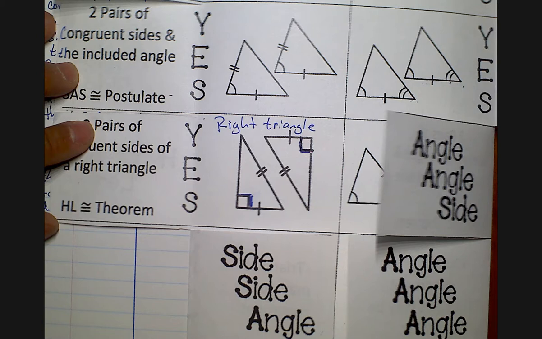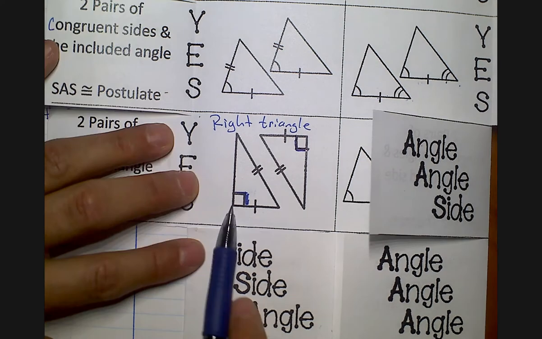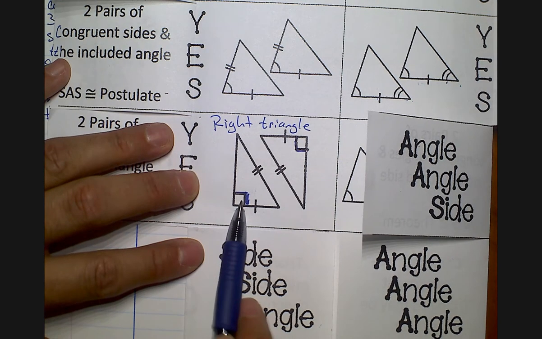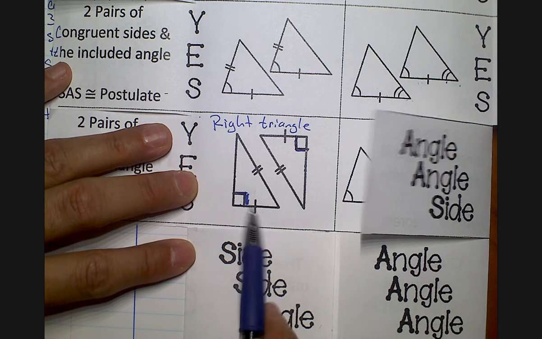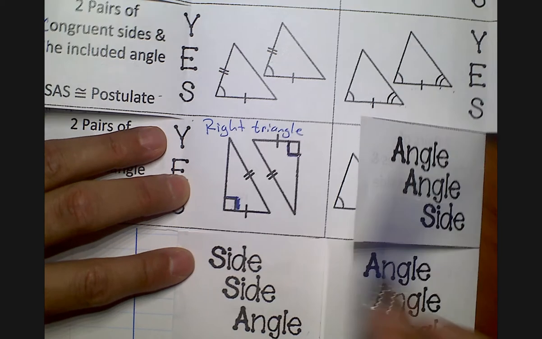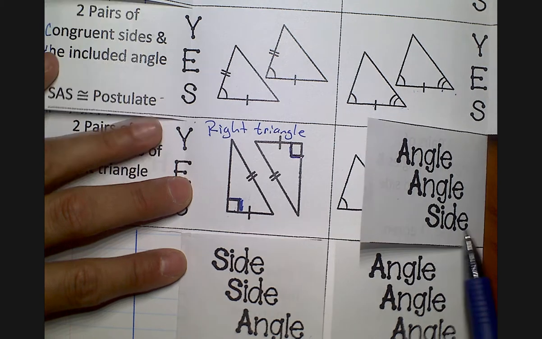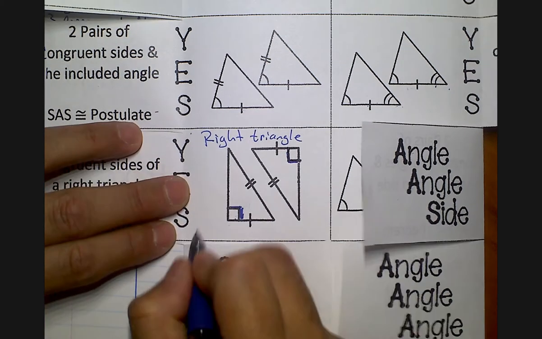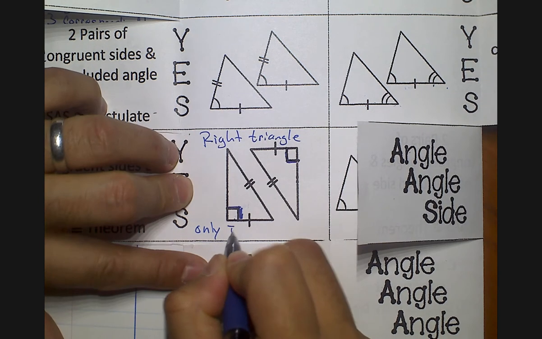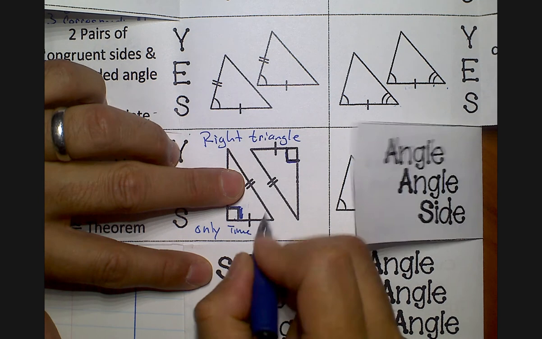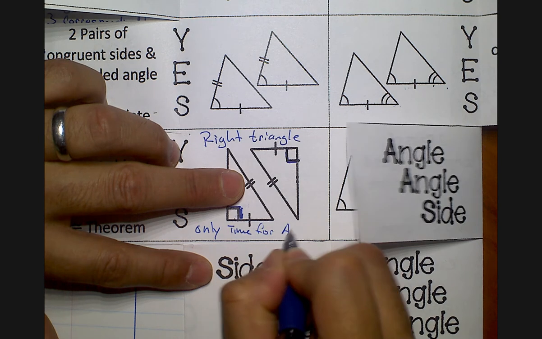What would this one be? Would this be angle, side, side? Yeah. This one is angle, side, side. This one is also angle, side, side. So this is the only time for ASS.